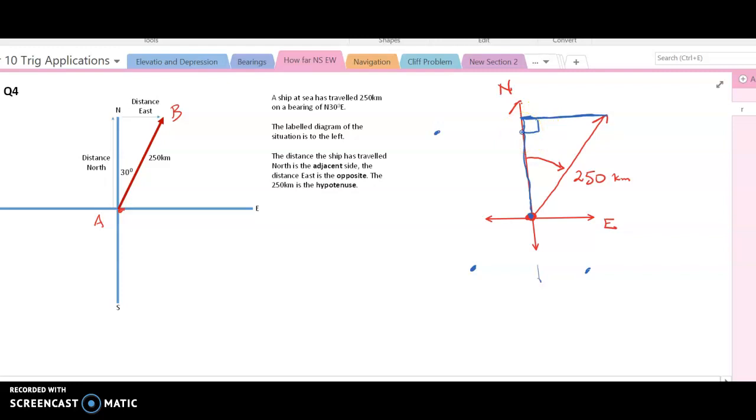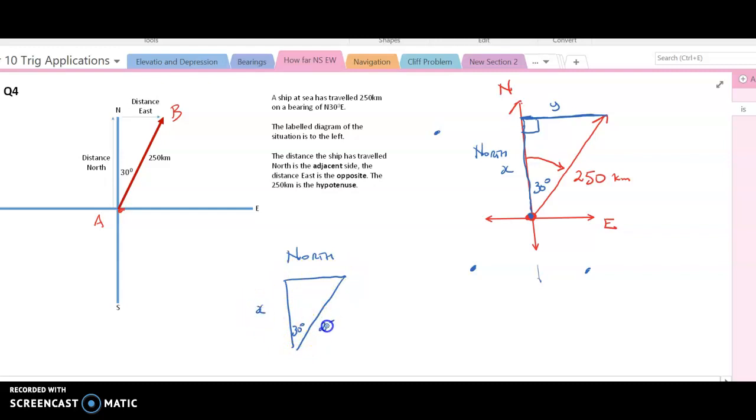I would now simply say that we have this 30 degrees and we need to find out what x and y are. So obviously we're going to have to do a couple sets of calculations. So let's do how far north first. I always say draw, draw, draw. Let's make it nice and simple so you won't get confused. 30 degrees.